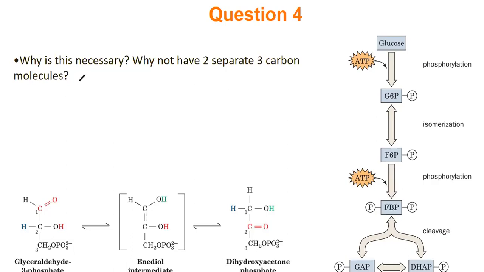Remember, enzymes usually only work on one substance. They're very, very specific. Is it easier to deal with one type versus 2? Yes. And it really has to do with enzymes, right?